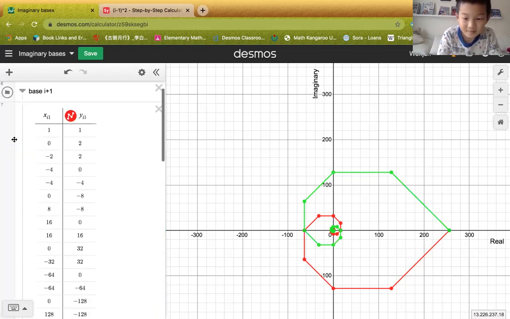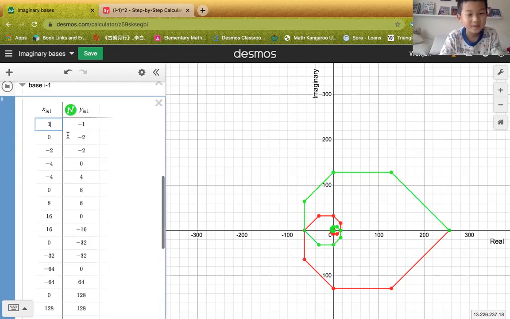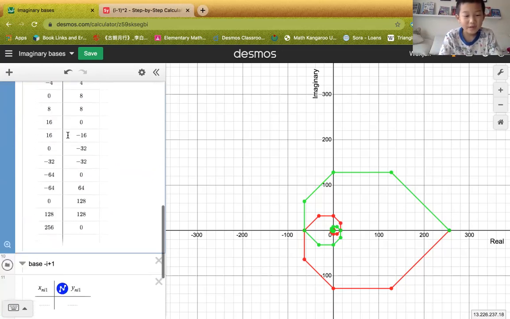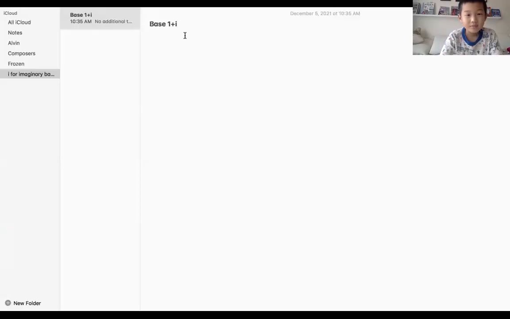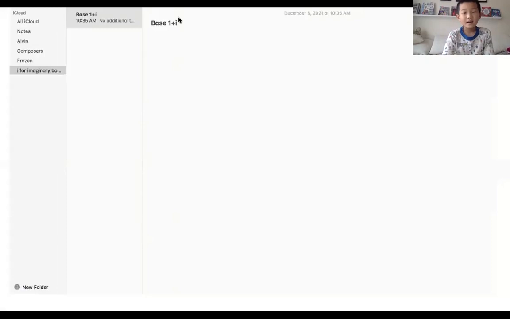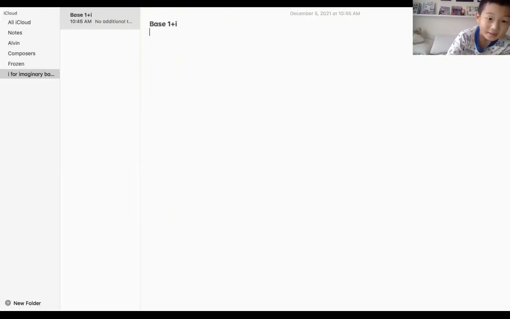So now we've probably seen something very interesting, so let's take a little note. I know these should be next to each other. So we see that.